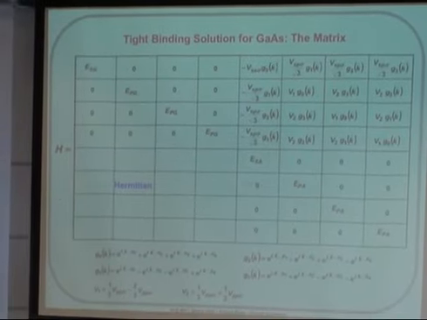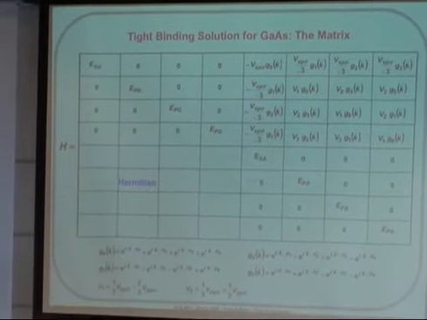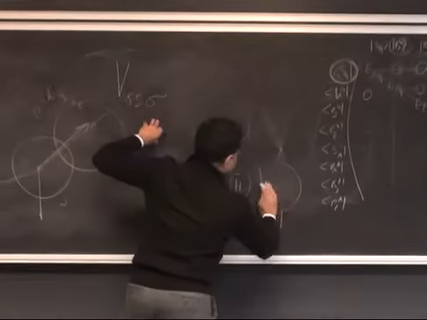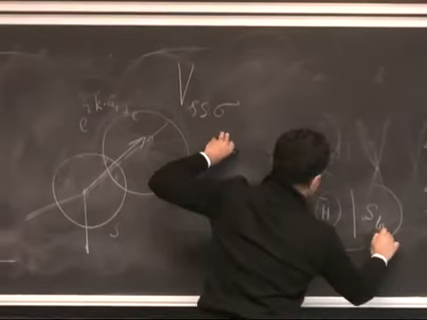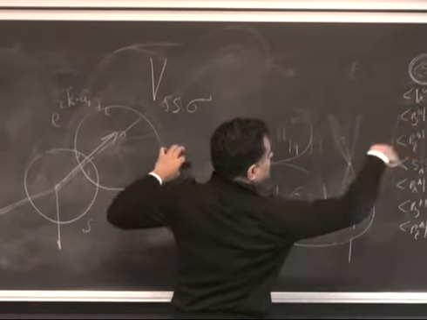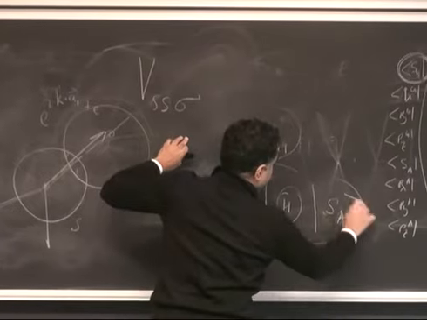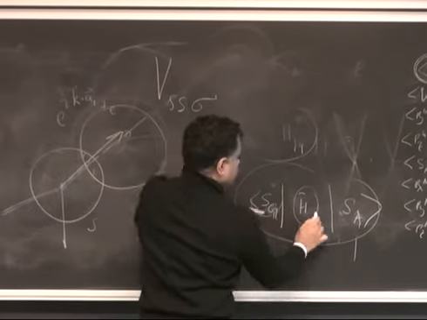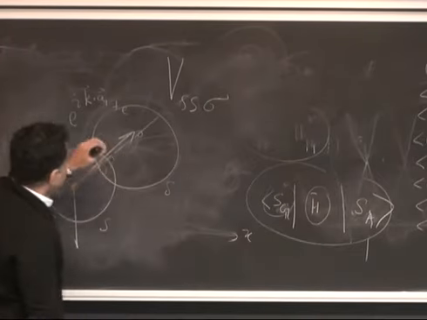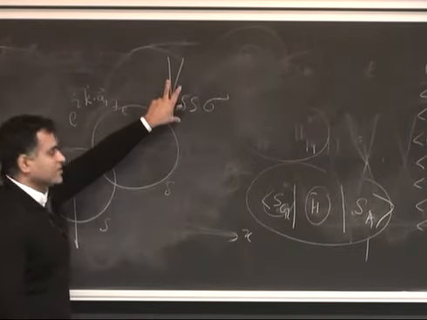Okay. VSS is the strength of lowering because of this orbital overlap. That is basically this term, except now we are looking at S on the gallium side, or sorry, S on the arsenic side, and S on the gallium side. Okay, without this is the crystal potential. And what I'm saying is, in tight binding, you kind of use it as a parameter.